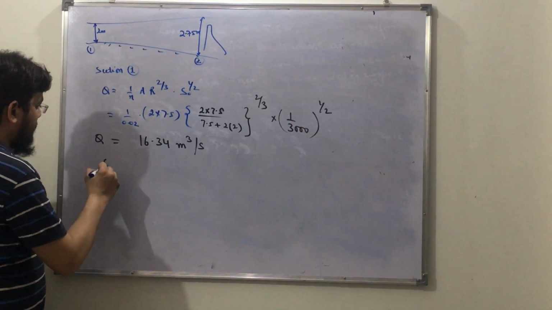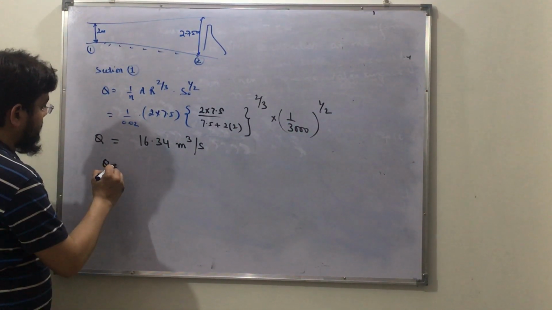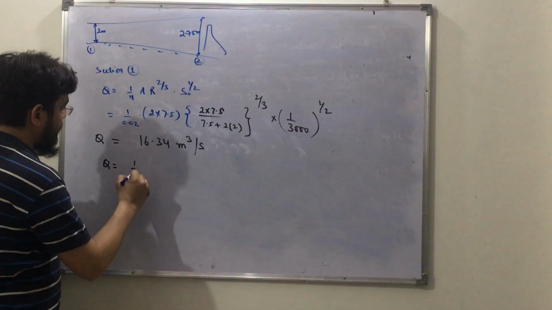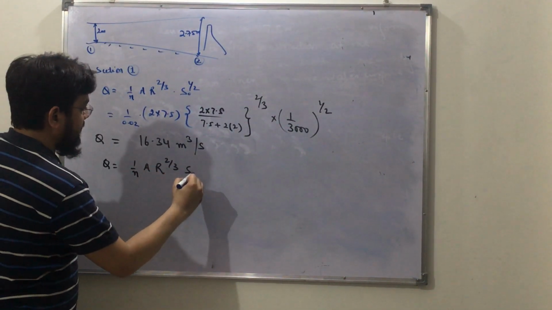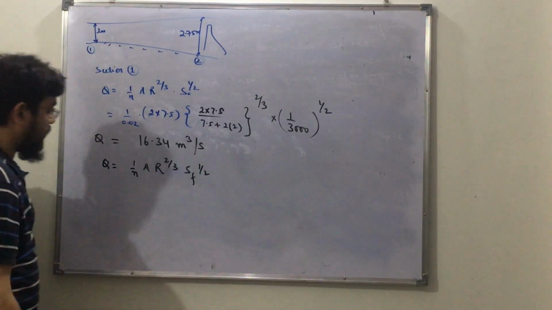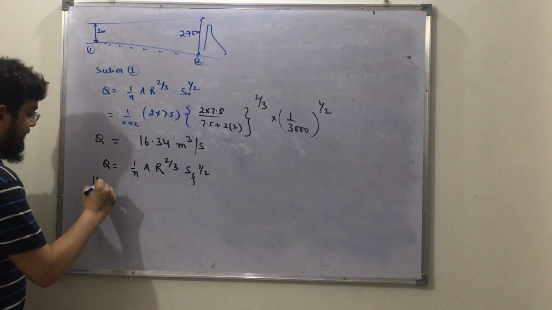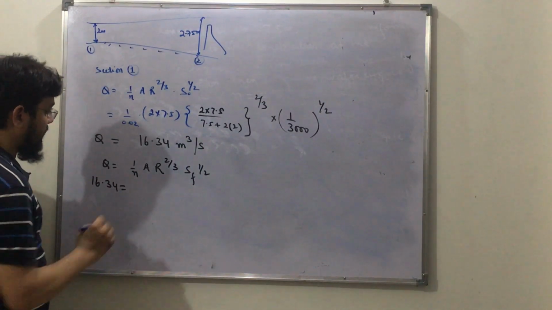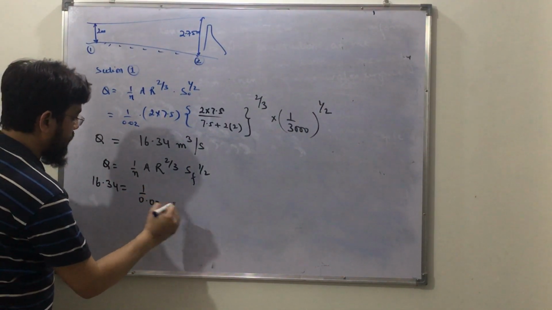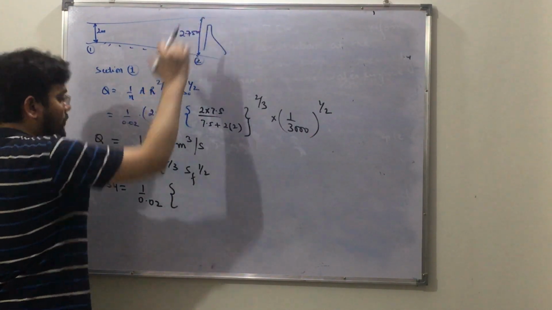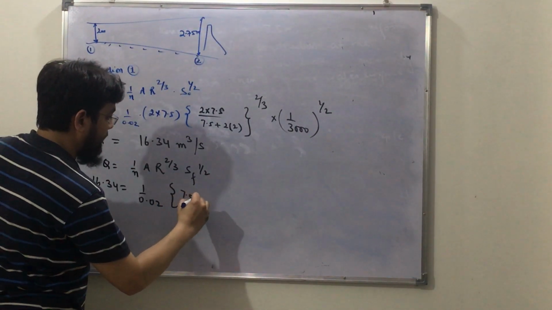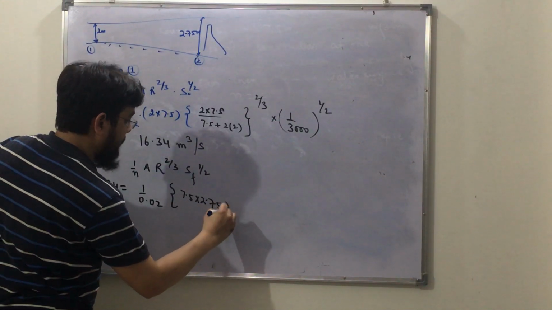Okay. So this Q is equal to 1 upon N, A, R to the power 2 by 3, SF to the power 1 upon 2. So this Q is equal to 16.34. This is equal to 1 upon 0.02. What is A here? Now here A is B into Y, 2.75, means 7.5 into 2.75.